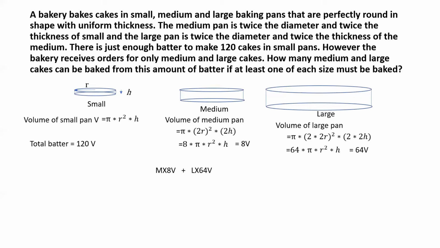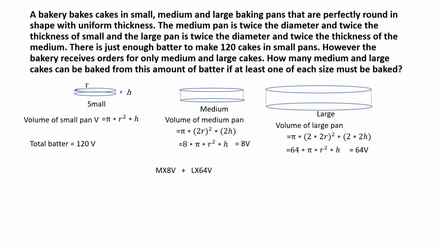So for M medium cakes, we will need basically 8V multiplied by M, and for L large cakes, we'll need batter that's equal to L times 64V. So we have M times 8V plus L times 64V. That's the total amount of batter you'll need for making M medium cakes and L large cakes.